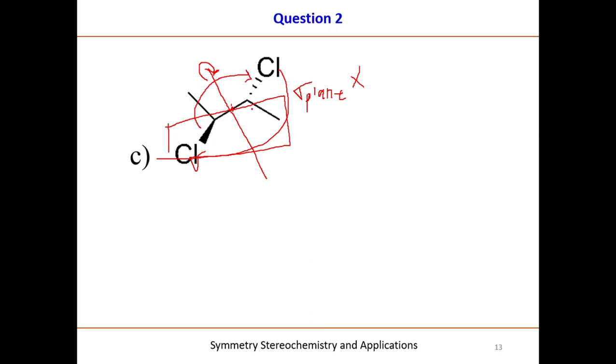That means this is the indistinguishable image we are getting after rotation of 180 degrees. That means the axis of rotation is present in this molecule. That means it is chiral. Only the C2 axis is present, the axis of rotation. That means it is a chiral molecule.